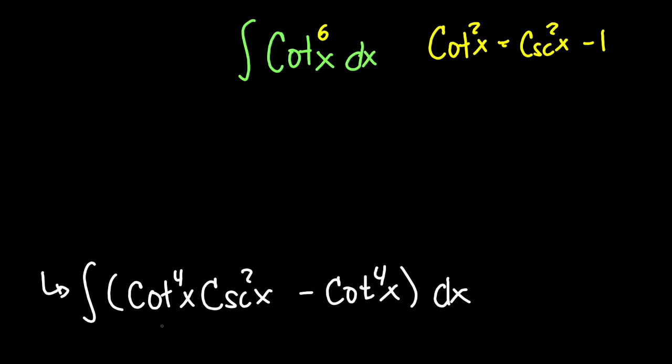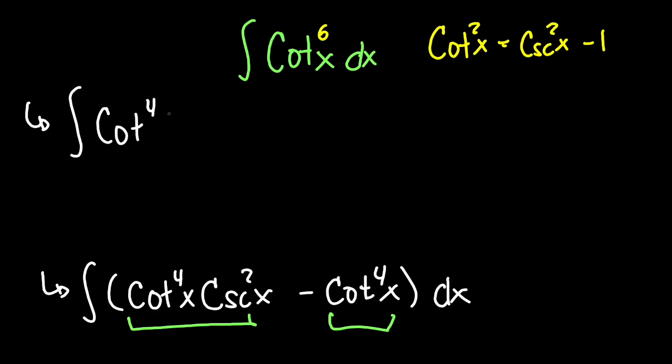The next step would be to split the integral into two parts. First one would be the integral of cotangent to the power 4 of x multiplied by cosecant squared of x, and of course distribute the dx.